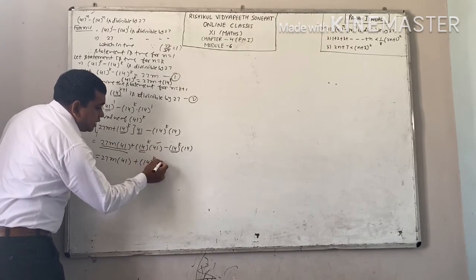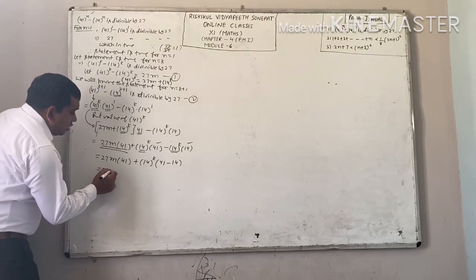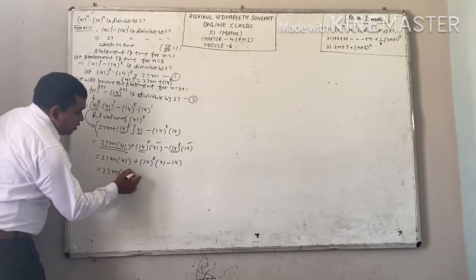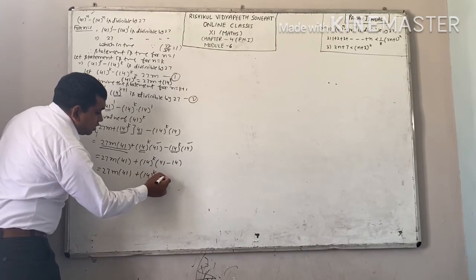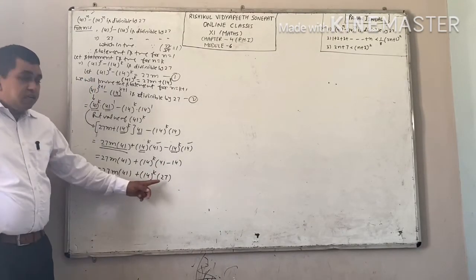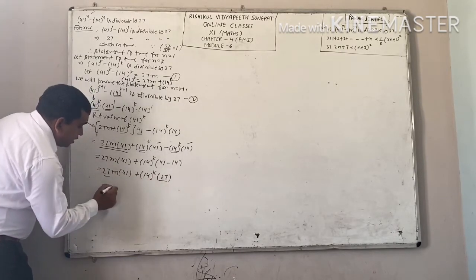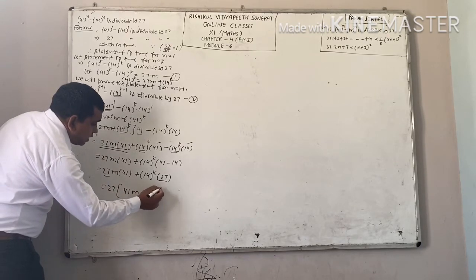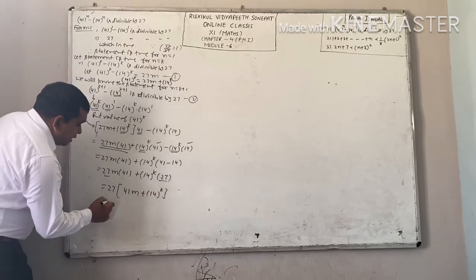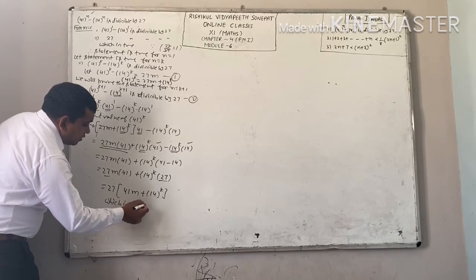From here 41 is left and from here 14 is left. (41 minus 14), this is your 27, and you can see 27 is again common here. What is left? 41m plus 14 raised to power k, which is divisible by 27.